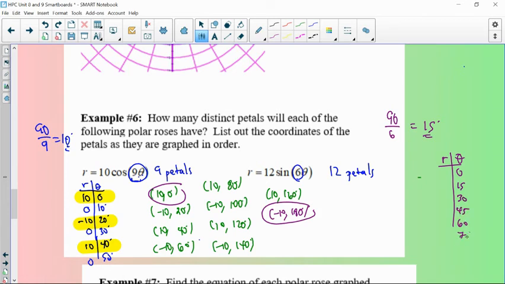So we start seeing a pattern, 90. Sine of 0 starts at 0, and then we go out to the maximum amplitude of 12, then it's 0, then it's negative 12, then it's 0, then it's positive 12 again, then it's 0.